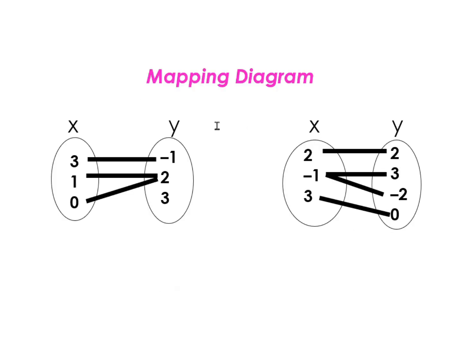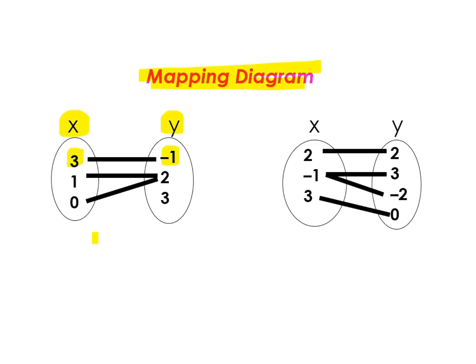We can also identify whether a relation is a function or not from the mapping diagram. This is how a mapping diagram looks. In the first one, you are given the x values, and in the second one, the y values are given to you. If for every x value there's only one y value, then it is a function.